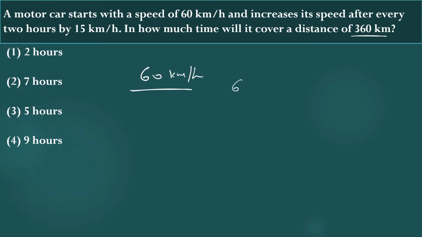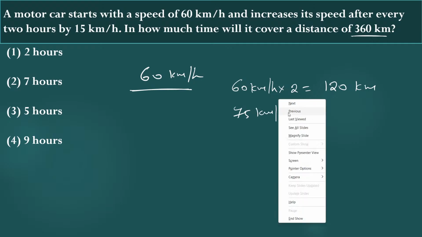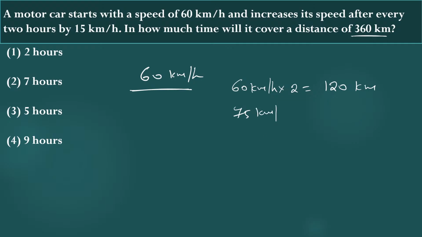First 2 hours, 60 kilometers per hour into 2 hours, we get 120 kilometers completed. Next, 15 kilometers increase, that is 75 kilometers per hour for 2 hours, we get 150 kilometers.